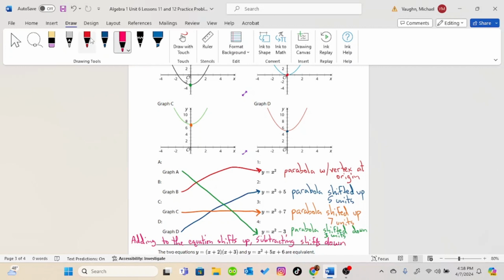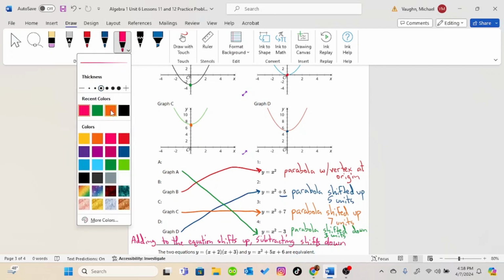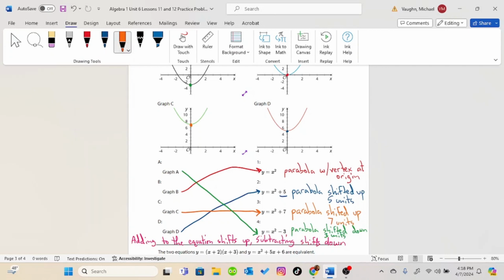So when you see plus 5, that shifts up 5 units. When you see plus 7, that shifts up 7 units.